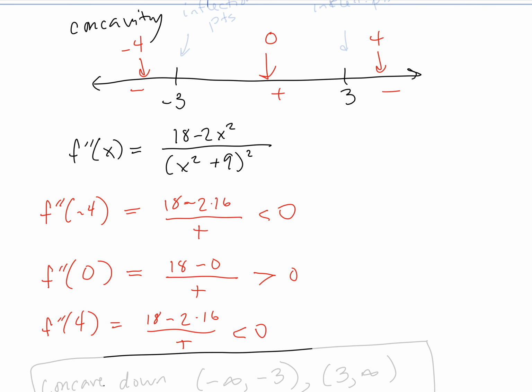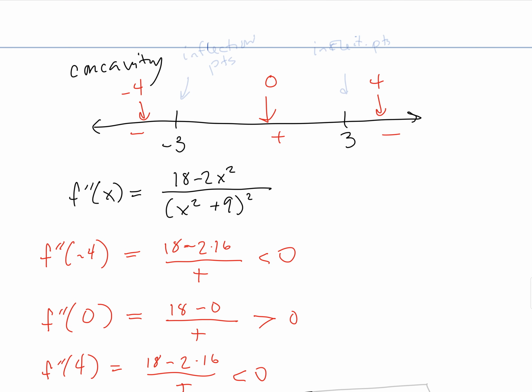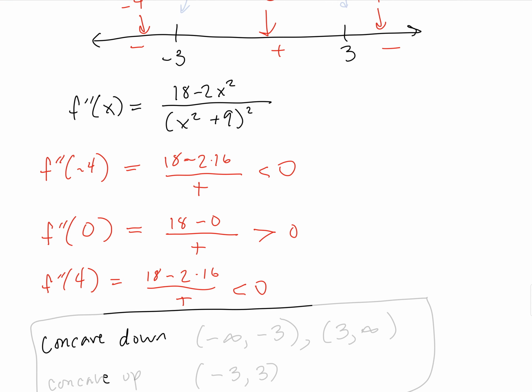So we see that this function is concave down on the intervals from negative infinity up to negative 3, as well as from 3 to infinity, and concave up over just the interval from negative 3 to positive 3.